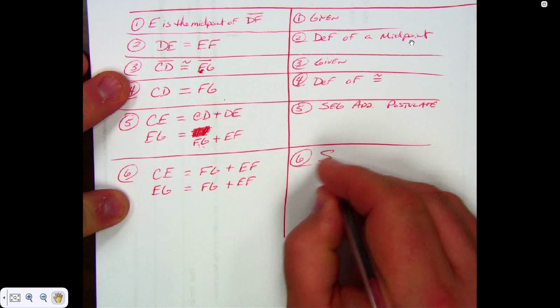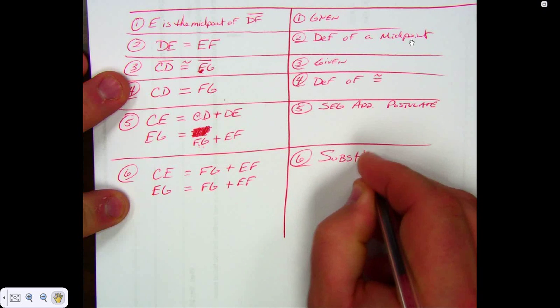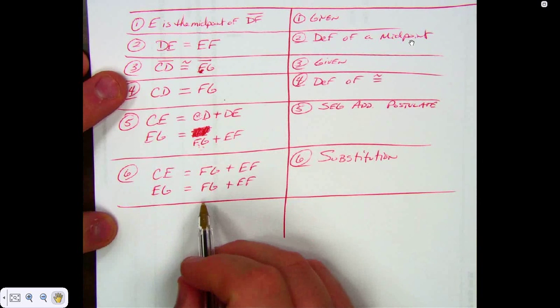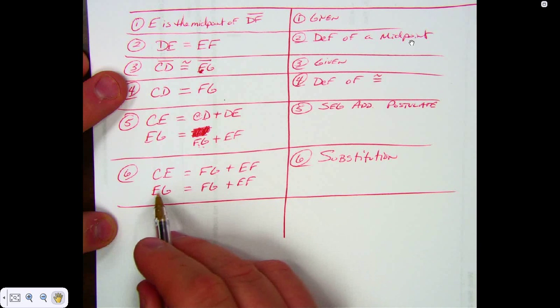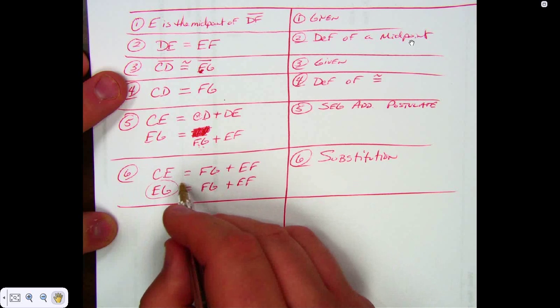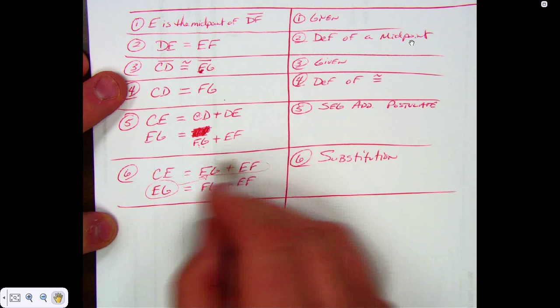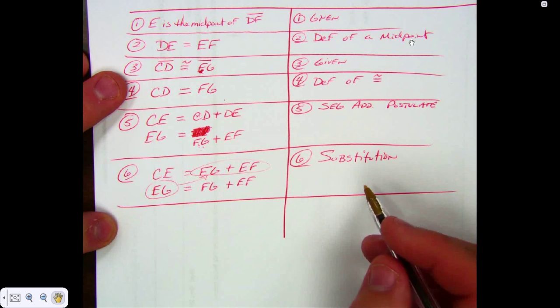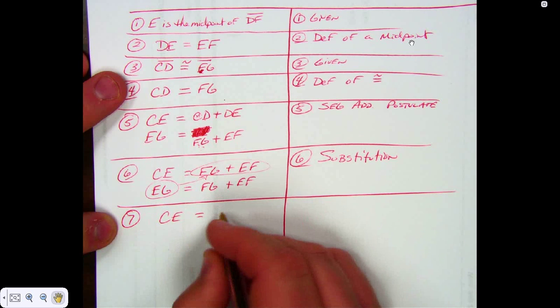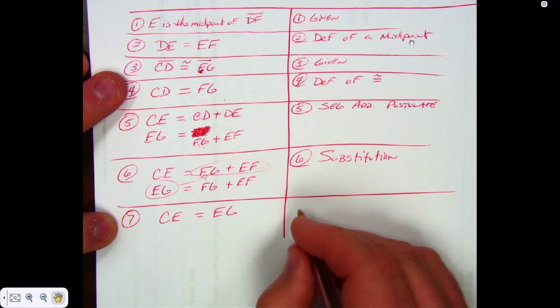Why is this true? Substitution. Now, why did I do that? EG equals CD plus DE. Because now, FG plus EF is the same thing as that. I can plug it in right there for that whole thing, can I? Agreed? So my next step is CE is equal to EG.